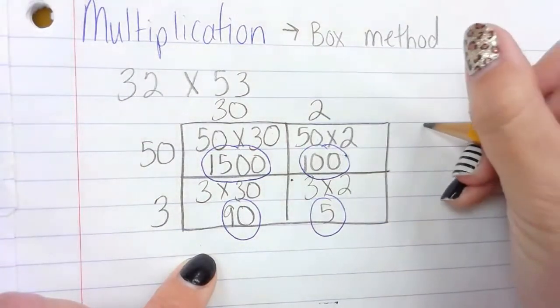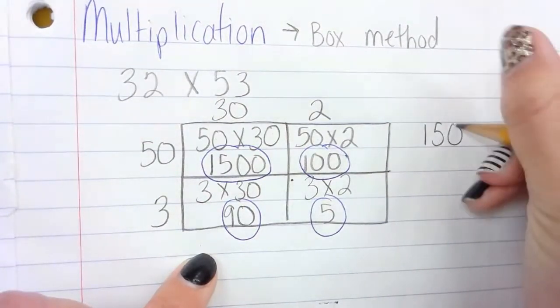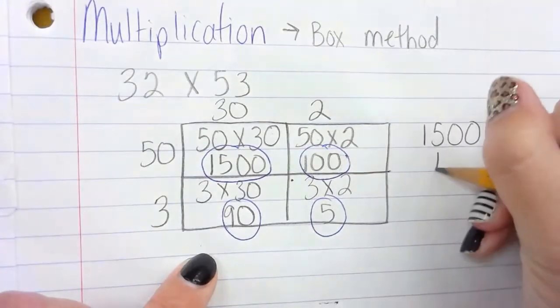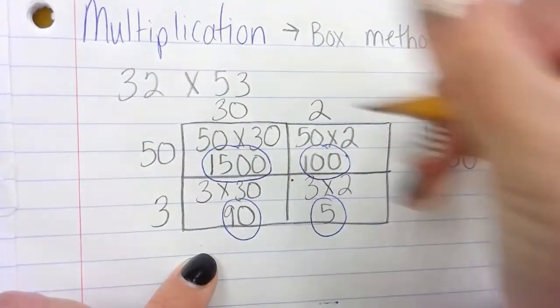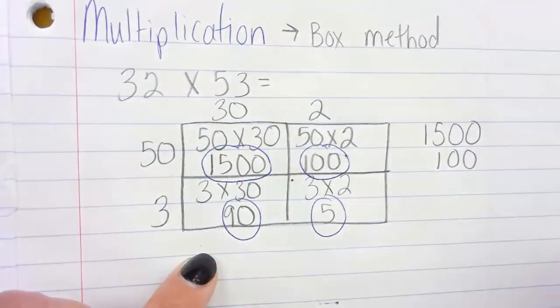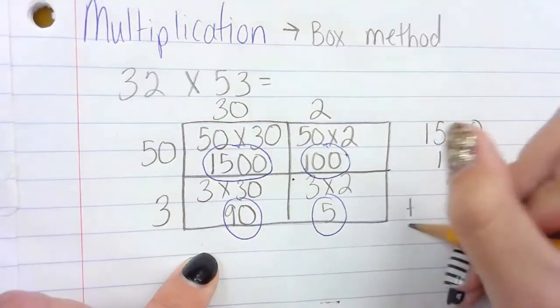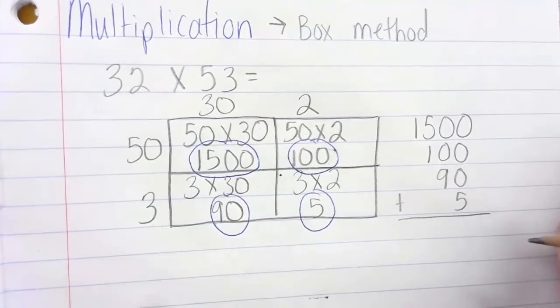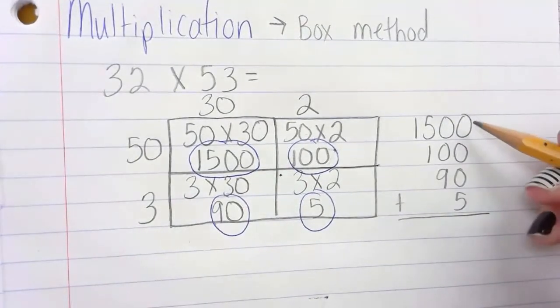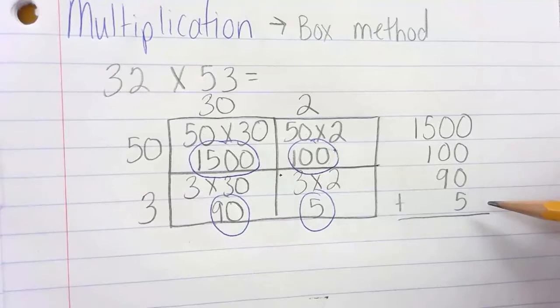So you're going to come over here and you're going to add up all these partial products to get your final product, which would be your answer for this equation. And really important when you are adding up all of your partial products is that I like to put them in order from greatest to least and make sure you're lining up all your place values correctly. Sometimes if you write too small, you might not be able to see your numbers.